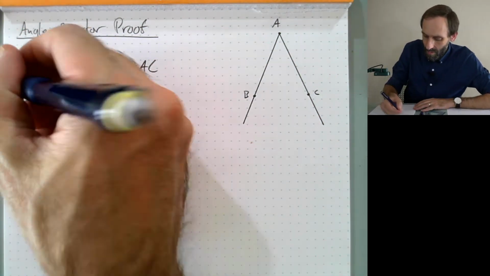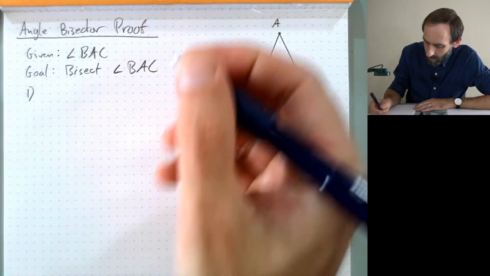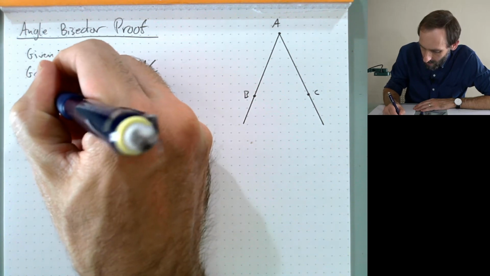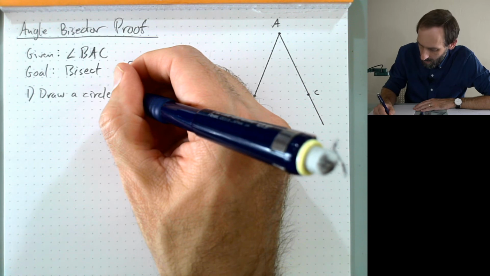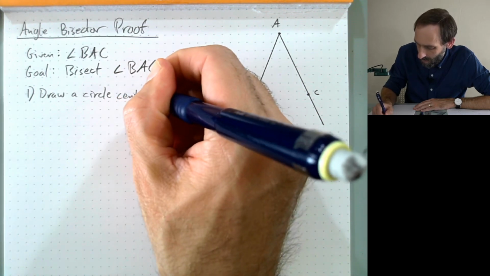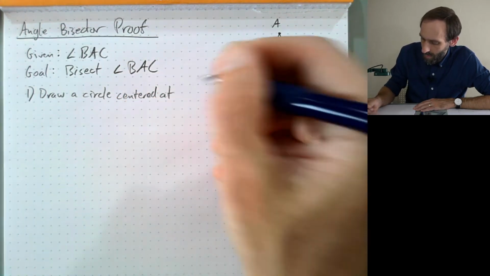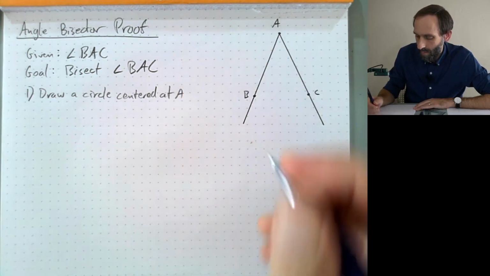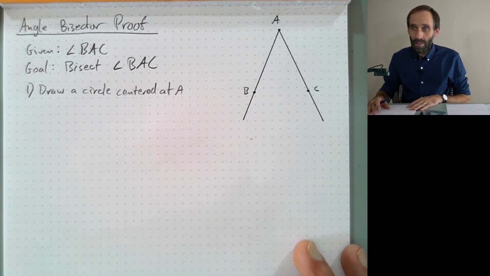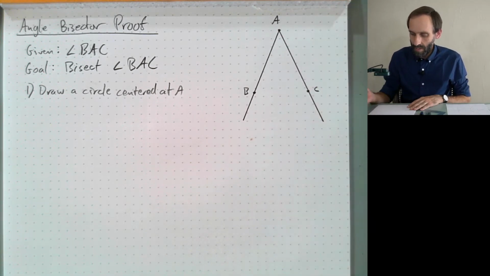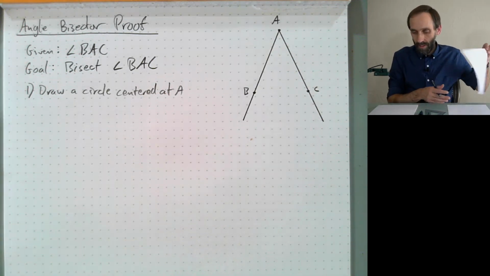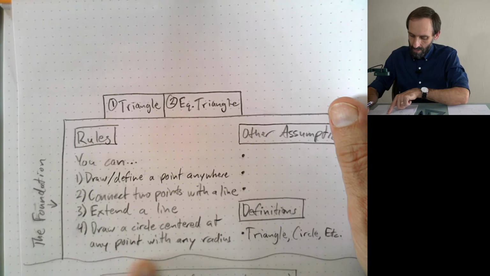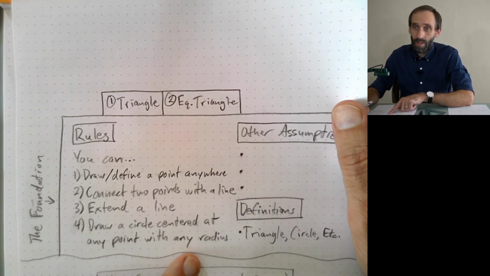Okay, so step one, we're going to draw a circle centered at A. Now, I'm not going to specify the radius of the circle. I could specify it to be AB or AC or something like that, but I'm not going to specify it because the rules say that I can draw a circle centered at any point with whatever radius I want.